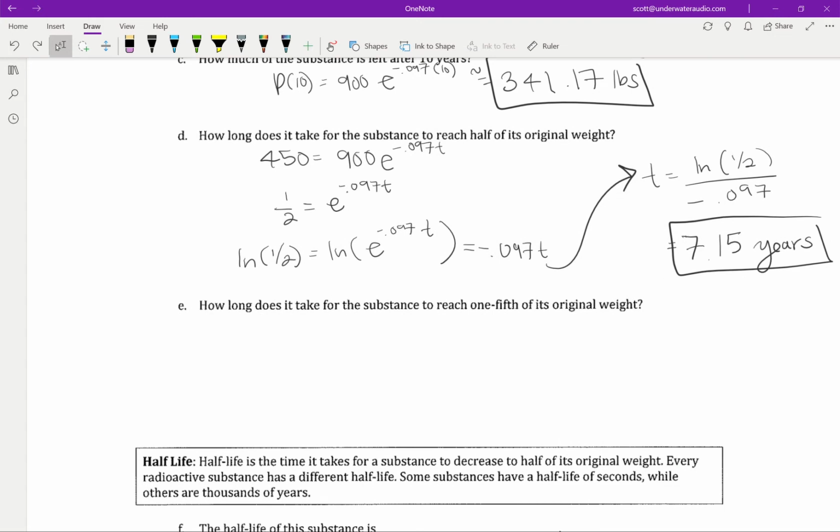How long does it take for the substance to reach 1/5 of its original weight? So there's kind of a trick here. Originally there's 900. So 900 e to the negative 0.097 t, and then I'm going to set it equal to 1/5 of 900. But then I could just cancel out the 900. So I might as well have just written 1/5 is equal to e to the negative 0.097 t. And then natural log of both sides.